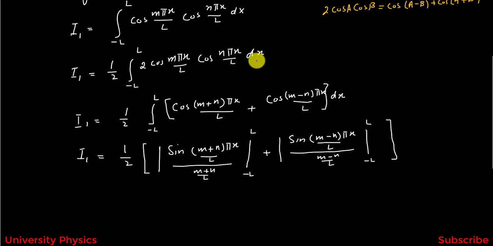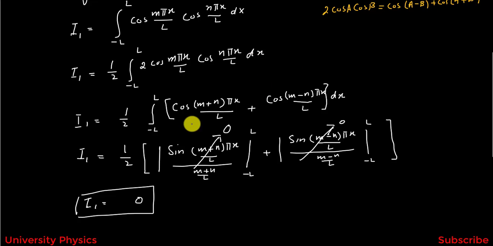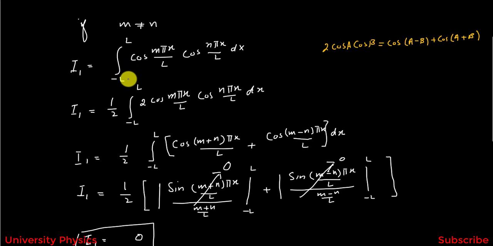So this term becomes equal to 0 and this is also equal to 0. So I1, the integration from minus L to plus L of cos(m pi x over L) cos(n pi x over L), is equal to 0. So when m is not equal to n, we get this integration equal to 0.